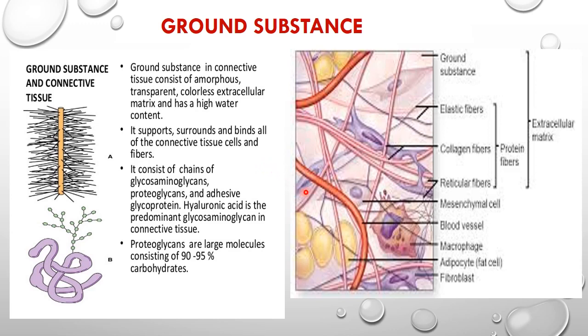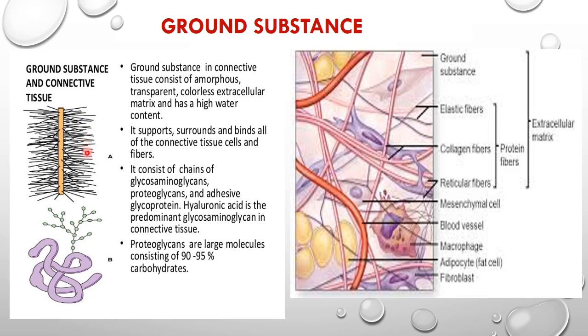Basically the consistency of the ground substance determines how much the connective tissue allows the passage of nutrients. So the composition of the ground substance varies in the different types of connective tissue.